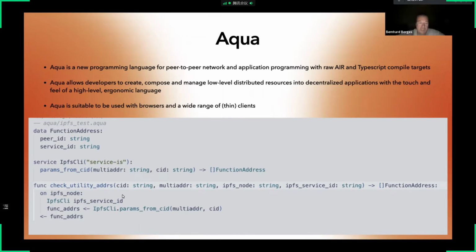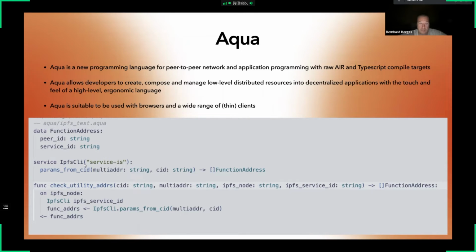So what we're saying now is, we are on some node, on this relay node, for example, and from that node we do a topological switch to this peer, where we have our IPFS sidecar we want to interact with, and create a binding in Aqua to the deployed service.